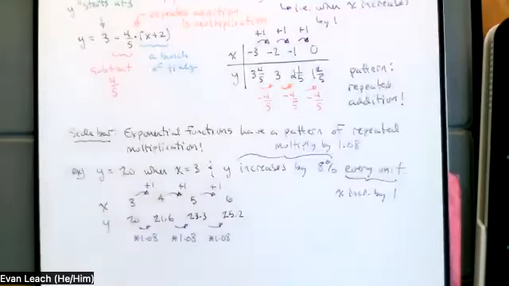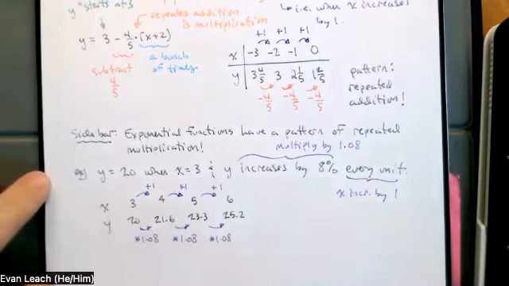So if I want to write an exponential function, an equation for this function, I can use the same structure that we did with a linear function, but instead of adding the slope every unit, we're going to multiply by this multiplier every unit.